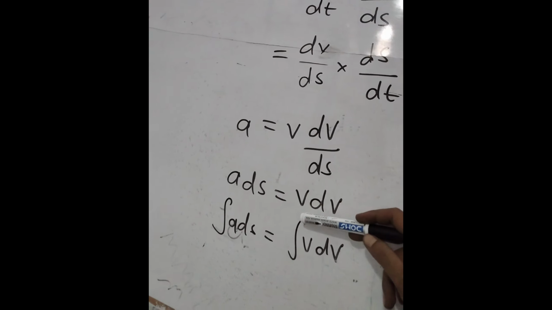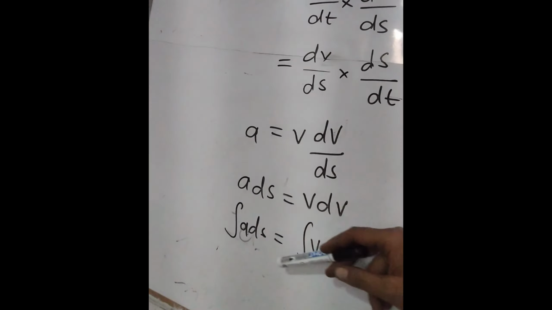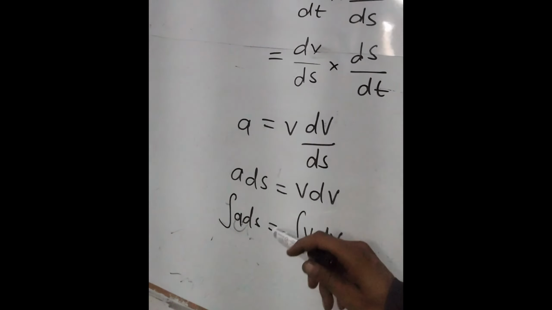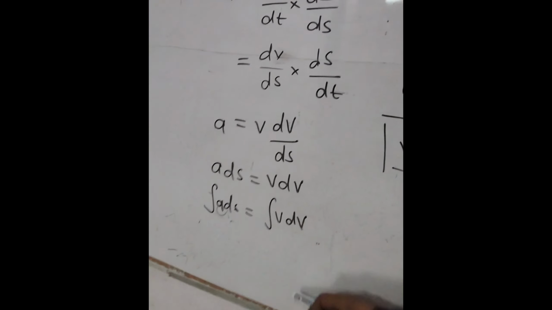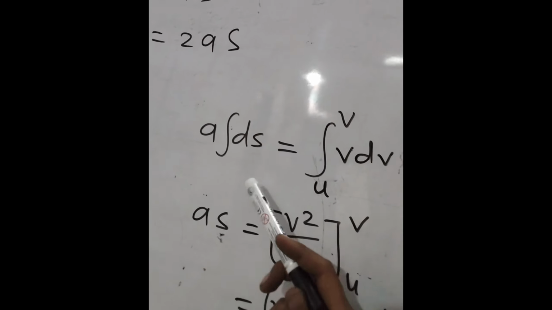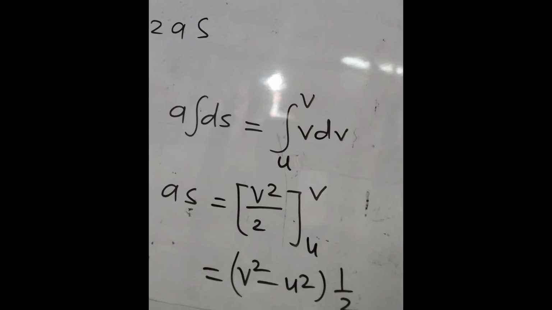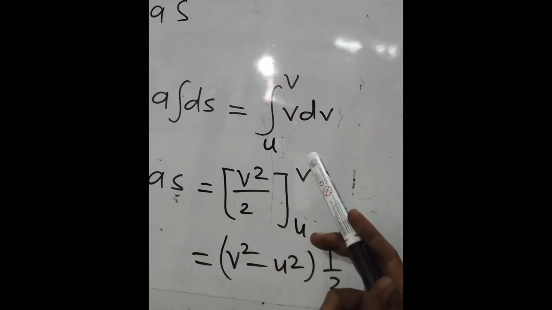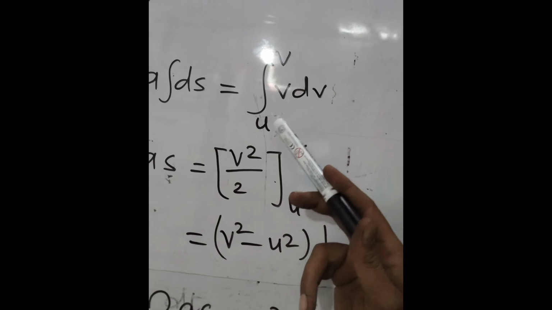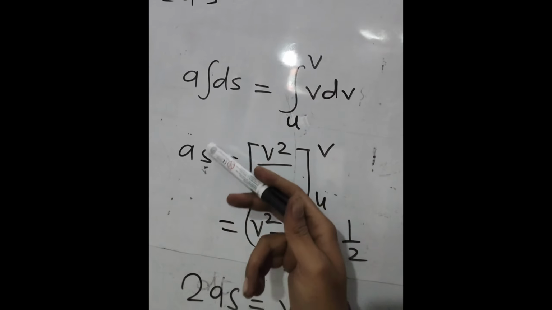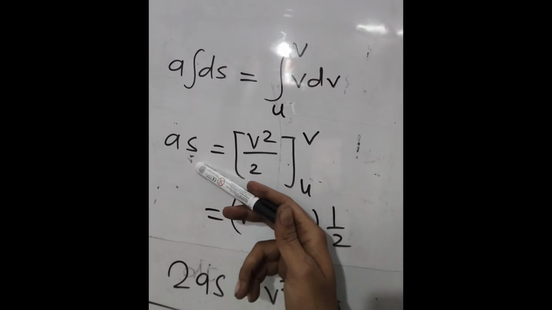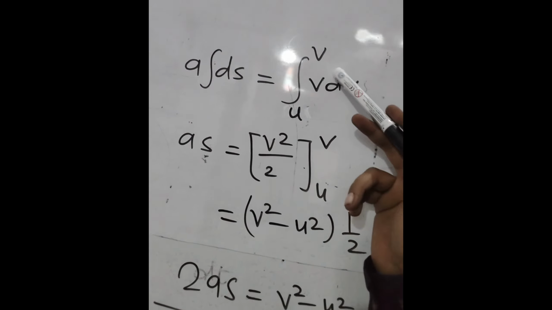and v dv here. Integrating both sides, a ds and v dv, and integrating this gives s, and v square.